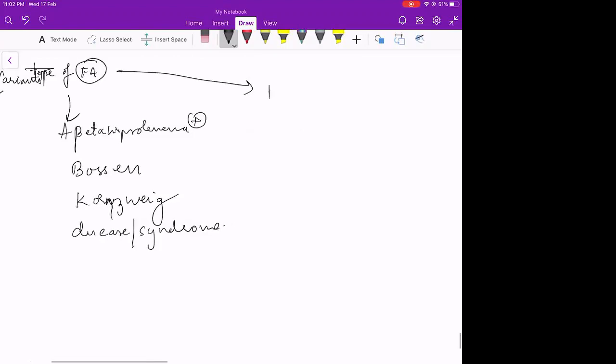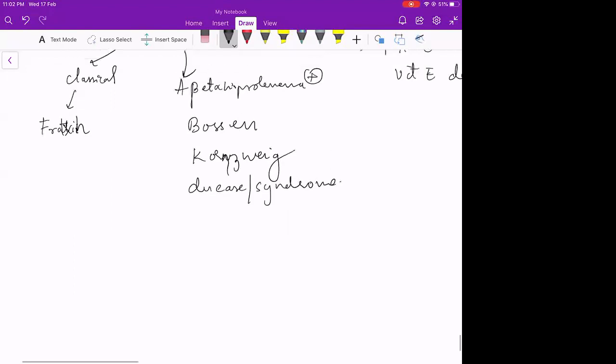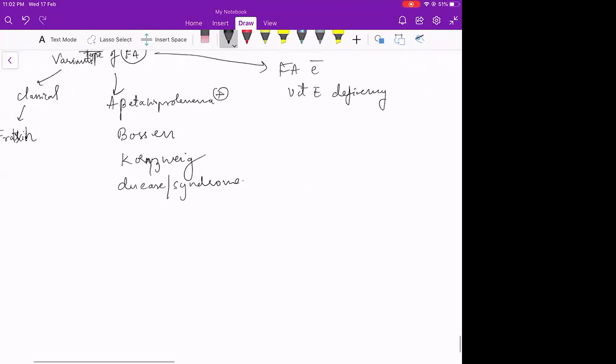Another is Friedreich's ataxia with vitamin E deficiency. In this type, the patient will majorly have a deficit of vitamin E.